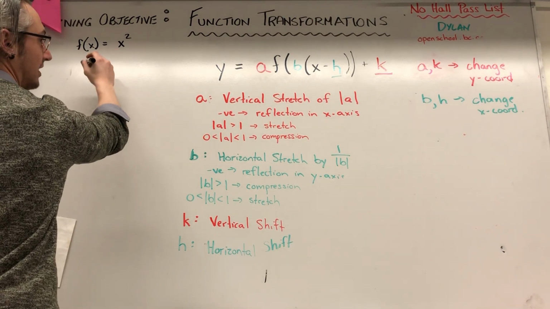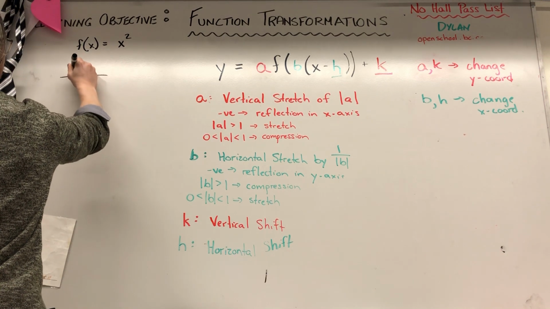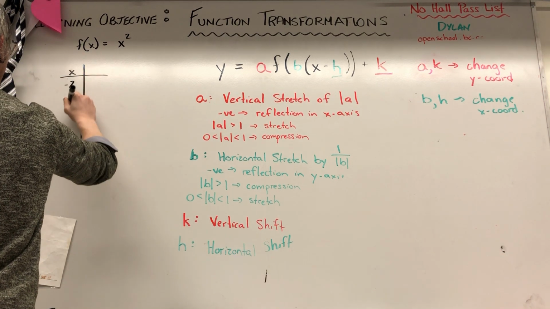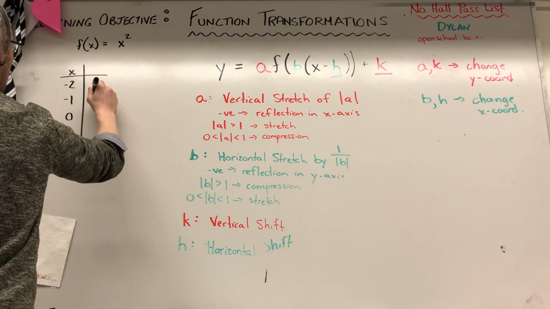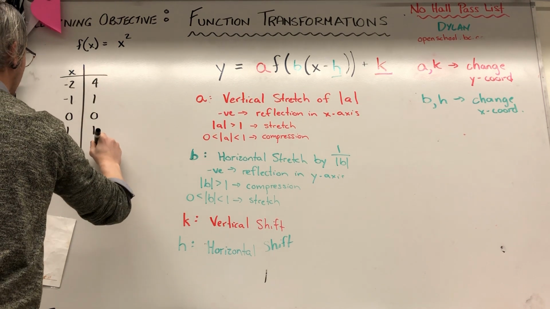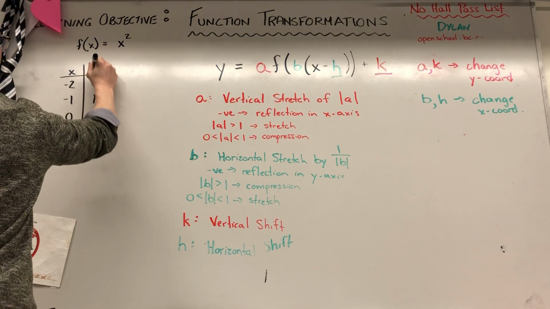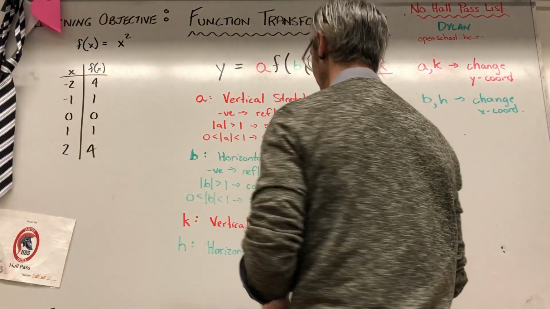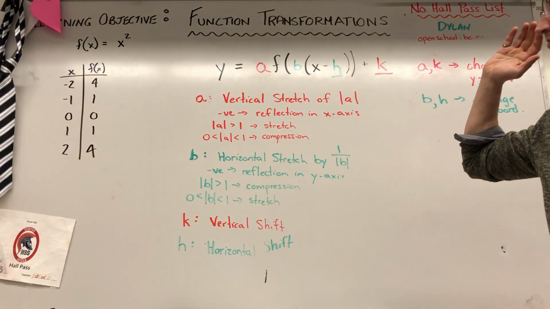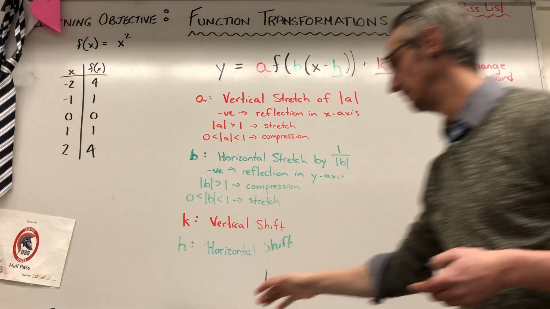I am going to go from -2 to positive 2. That's going to give me 4, 1, 0, 1, 4 when I put in the x's. That's my f of x, or my y. I'm going to erase this because I need the space.